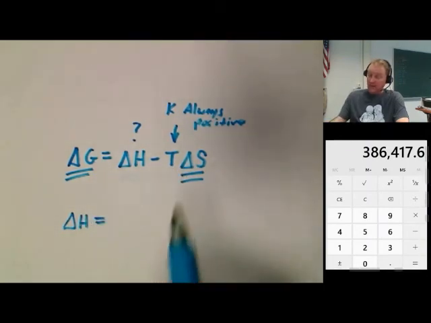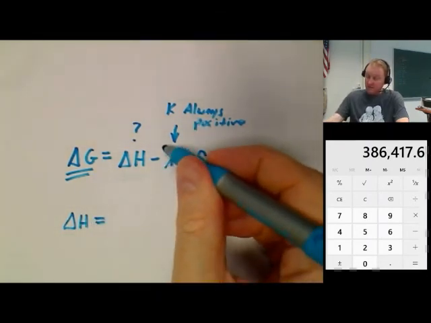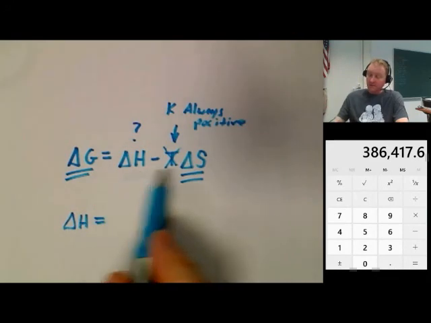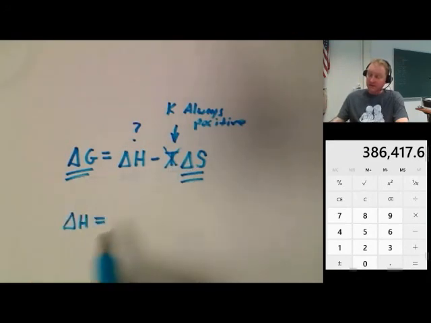Well, I'm going to take out this temperature because it's always positive, and so we're really talking about if we know the delta G and we know the delta S. So to move the delta S to this side, it's negative, I'd have to add.